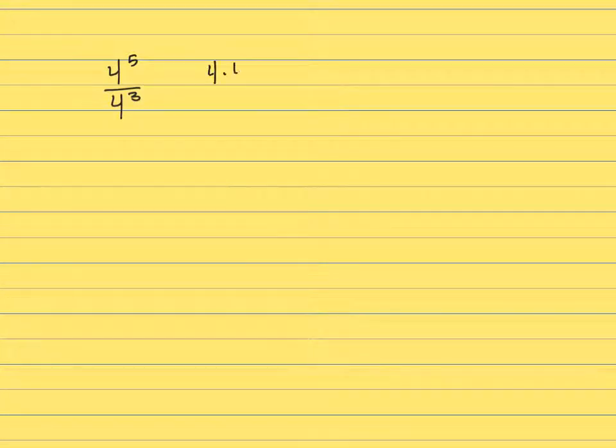This is the same as 4 times 4 times 4 times 4 times 4, 5 fours, right? And the denominator is 4 times 4 times 4. Okay, if I wrote it out that way, I could simplify this down a little bit, right? Because isn't 4 divided by 4 1?